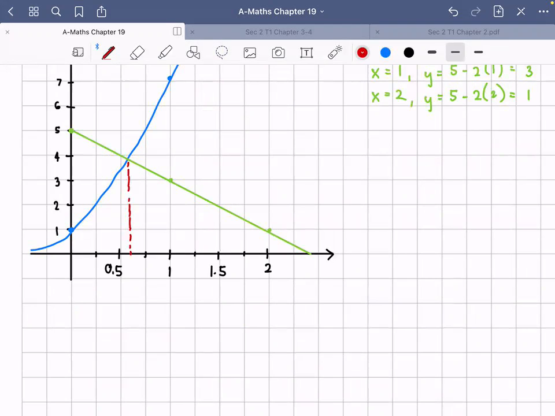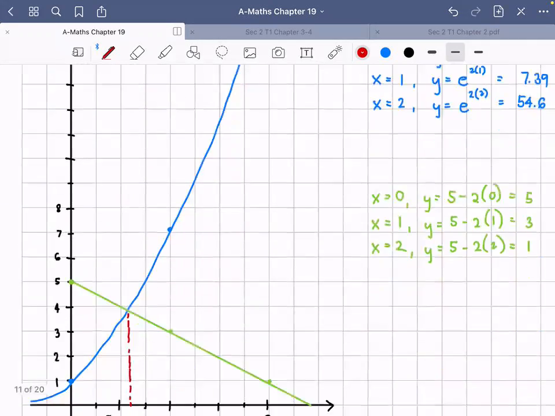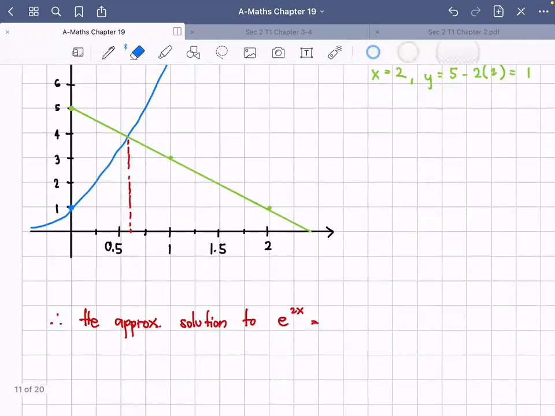So if I would approximate that, therefore, the approximate solution to e raised to 2x equals 5 minus 2x is, what do you think?